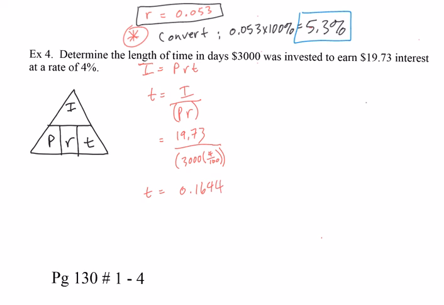In order to change this into days, we have to do a conversion, just like before. But this time, we have to convert it by using some form of multiplication, because this is 0.1644 of a year, and we need to find out the number of days. So this is what we do.